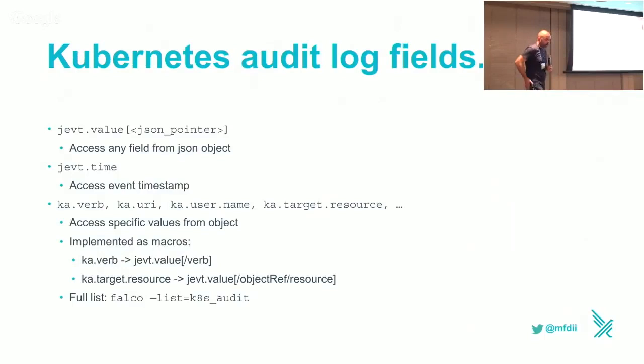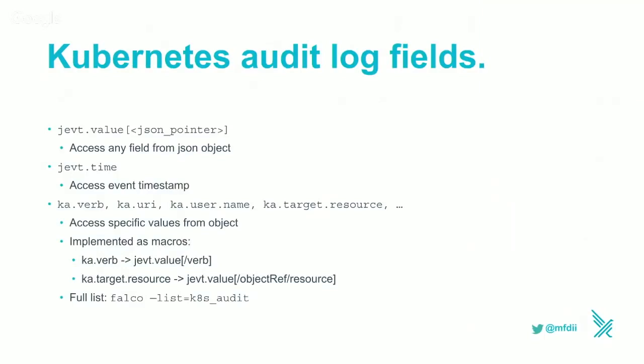I did actually skip a slide, but what we did is we created a new generic event interface for Falco, and it can basically take any JSON data, and then we wrote a new Kubernetes event class.